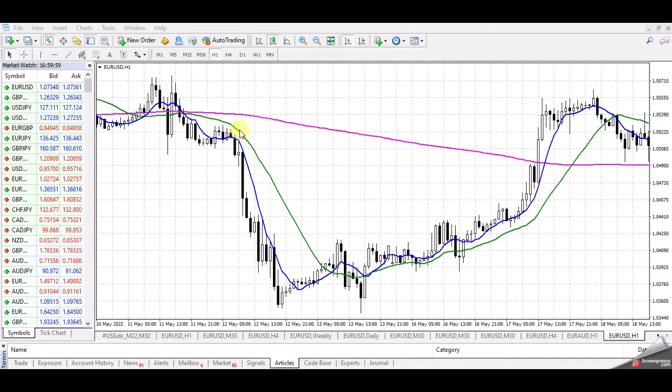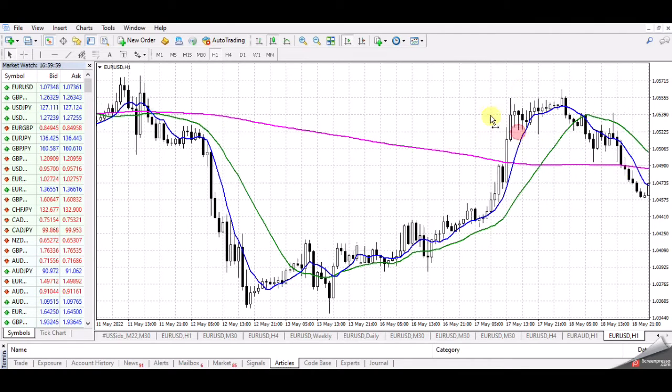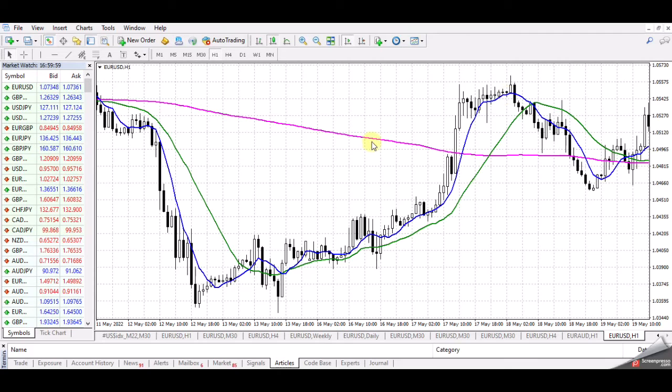When the candles are below the 200-period moving average, the market is at the downside period. When, on the contrary, the candles are above the 200-period moving average, the market is at upside. Below the 200-period moving average, bear market. Above the 200-period moving average, bull market.